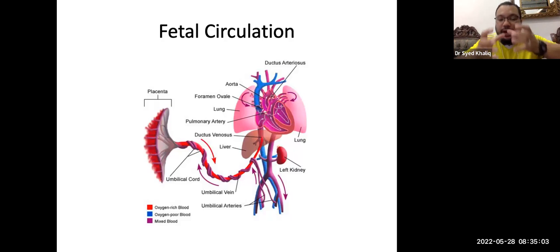What happens next? When the baby starts to breathe in, starts to inspire, there's negative pressure in the pleural space. The chest starts to expand, air is being sucked in, and the fluid from the alveoli and bronchioles will then get sucked into the interstitium and go into the lymphatics.